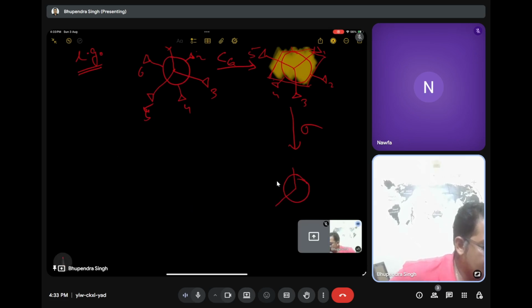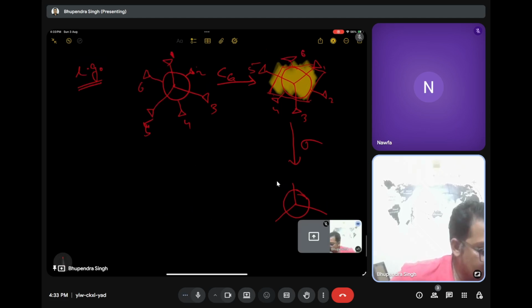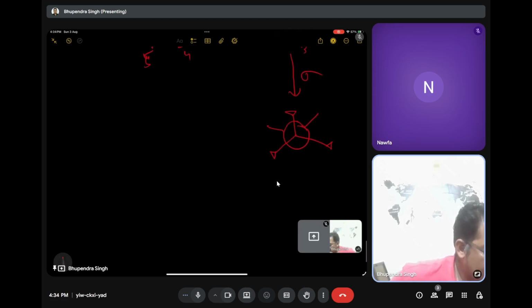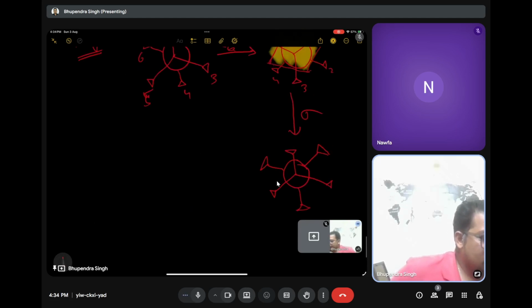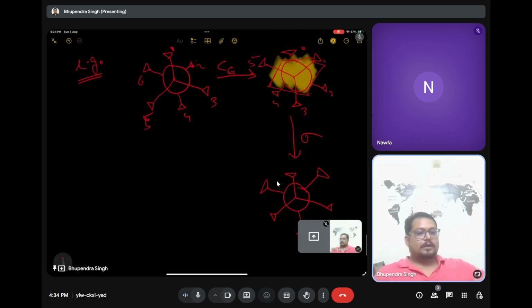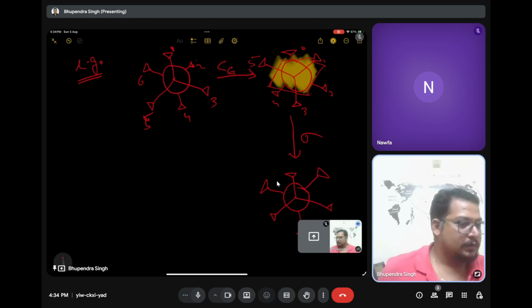You will reach the same structure, the same equivalent orientation of the molecule.